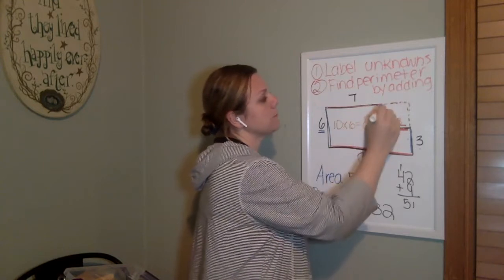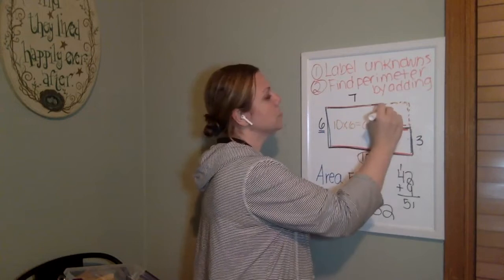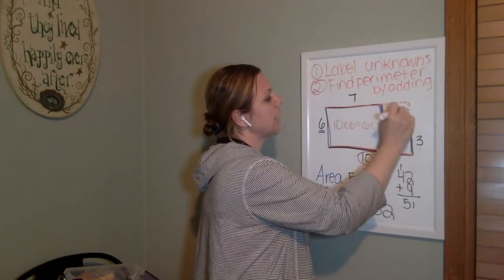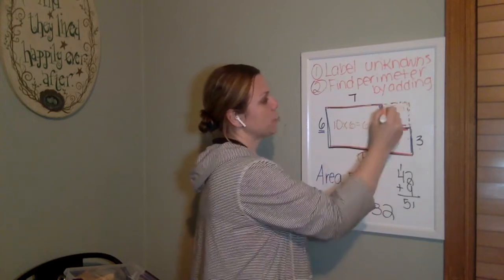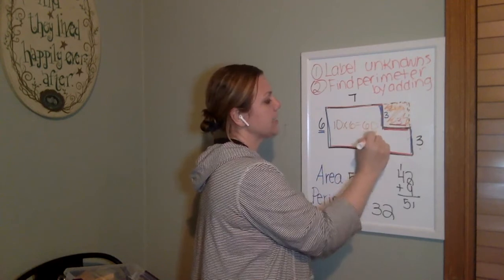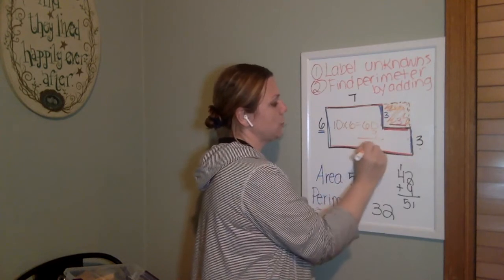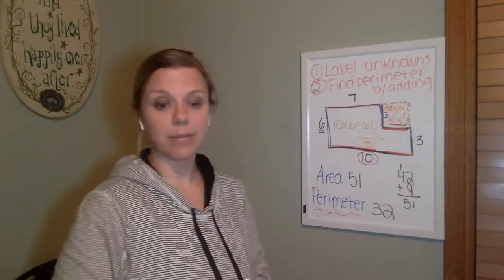And then you would need to find the area of this little part that's not really here. So 3 times 3 equals 9. And you'd have to, instead of adding them together, subtract it because that part's absent, right? It's not there. And 60 minus 9 is also 51. So you can see that that did eventually get us to the same place.